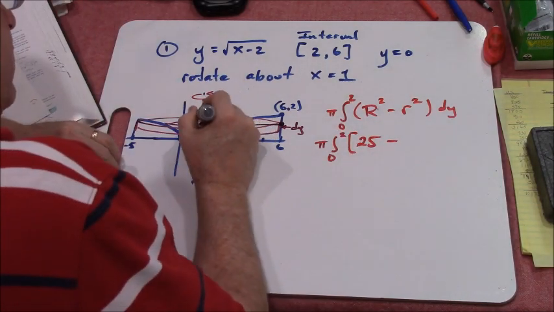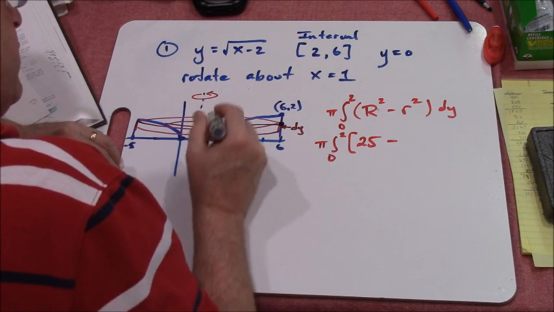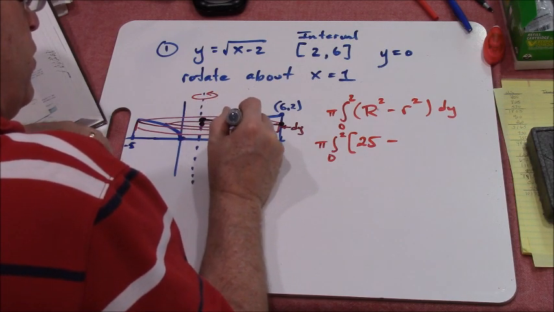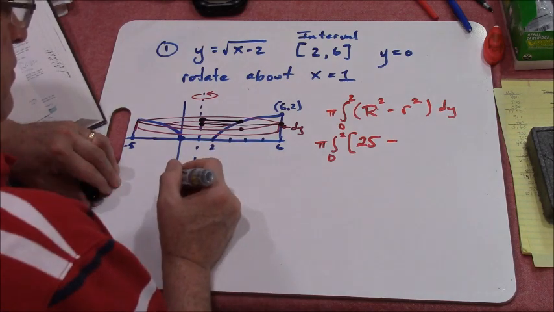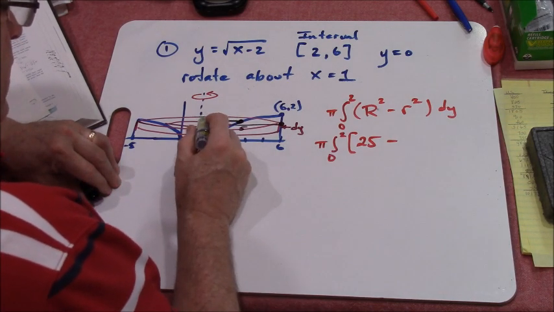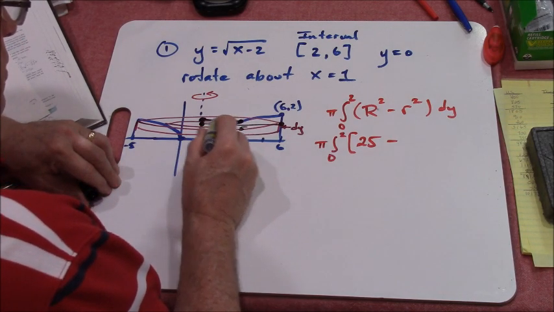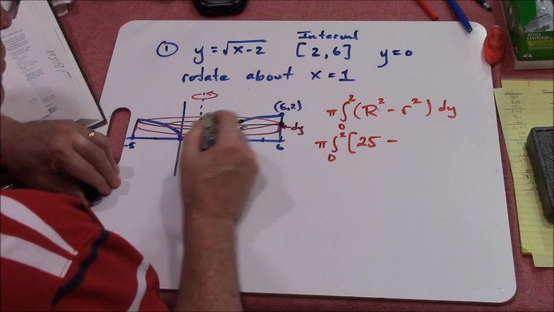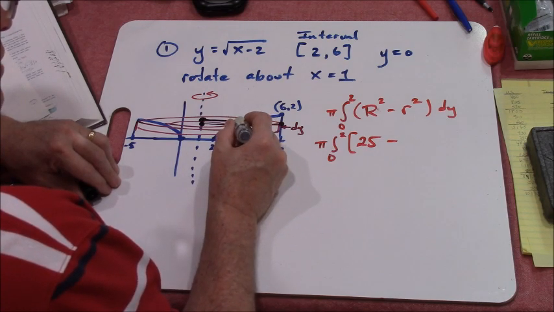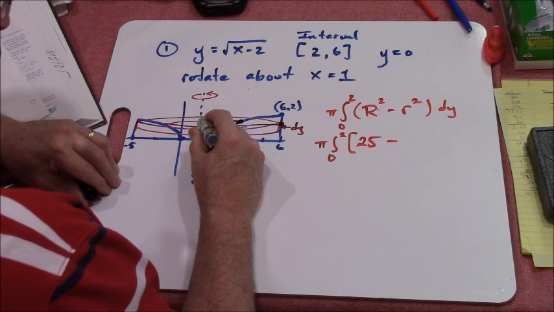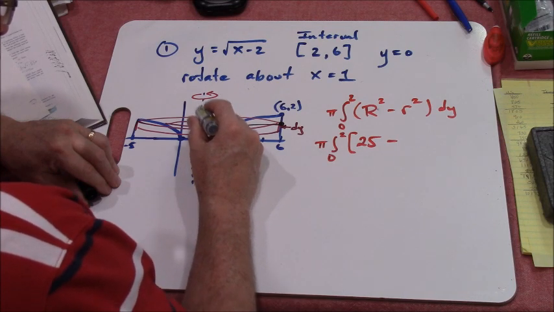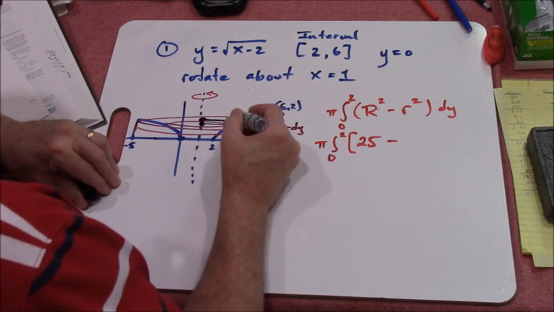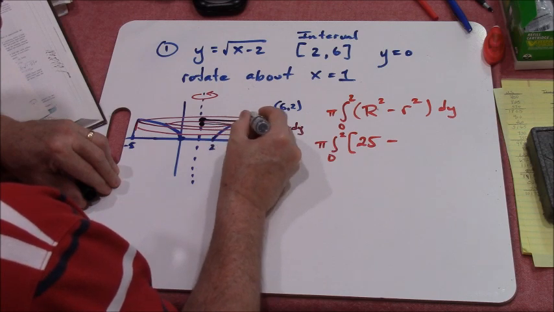Alright, so the small radius goes from our axis of rotation out to the original function. So when I look at this, I've got to think, okay, we're going horizontal. That means x values. So whatever this x value is, minus 1. Because this is always at x equals 1. This point's going to change as you move along the curve.